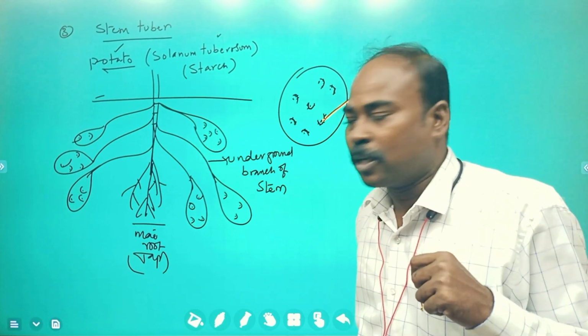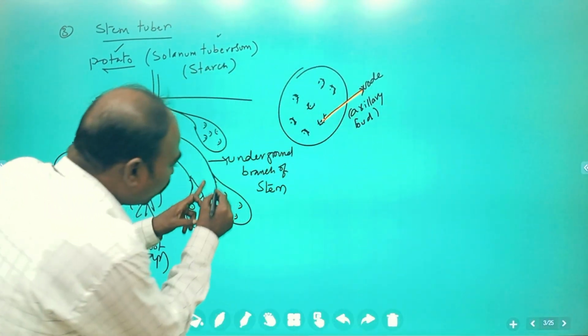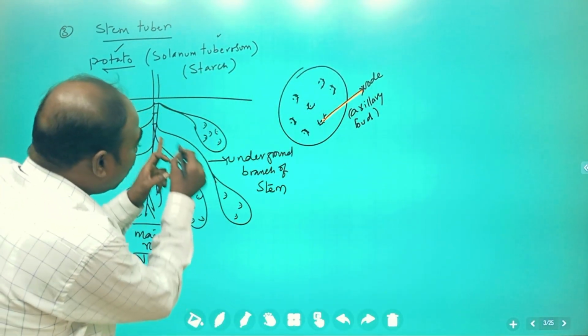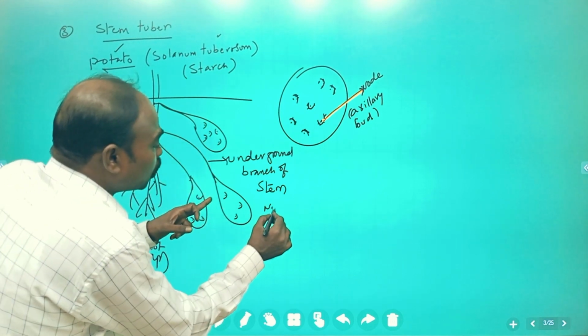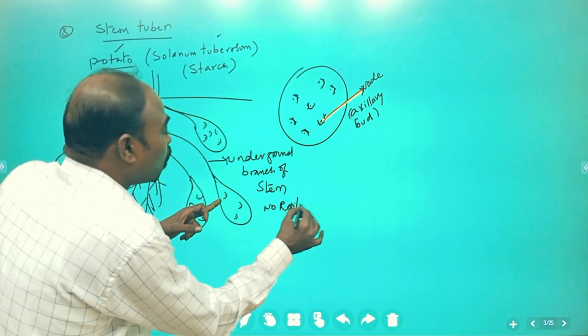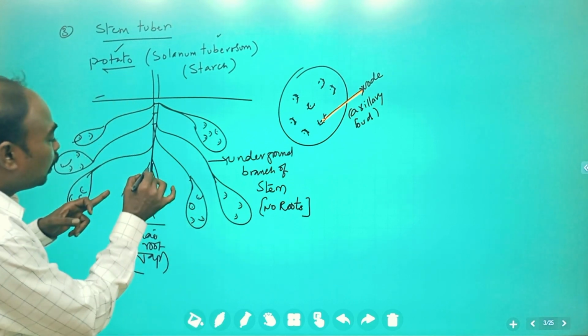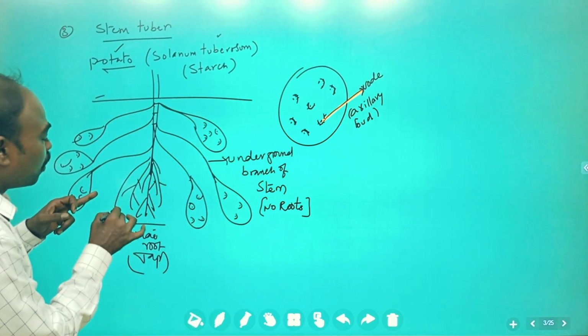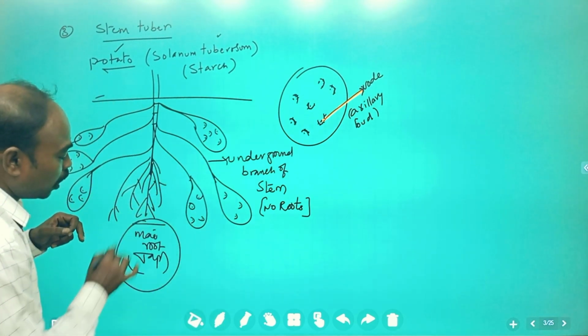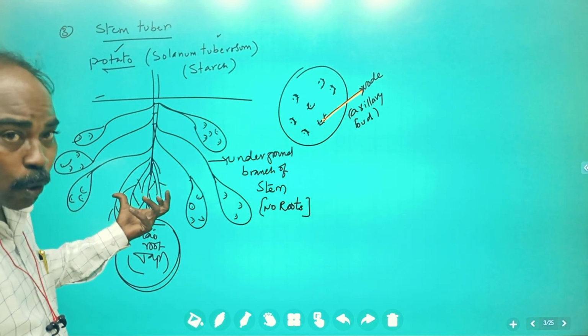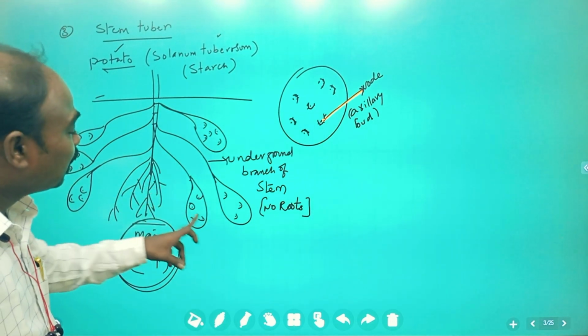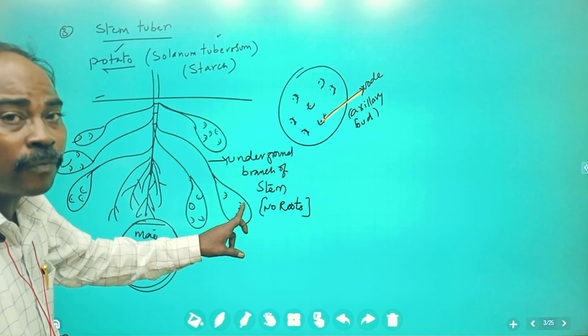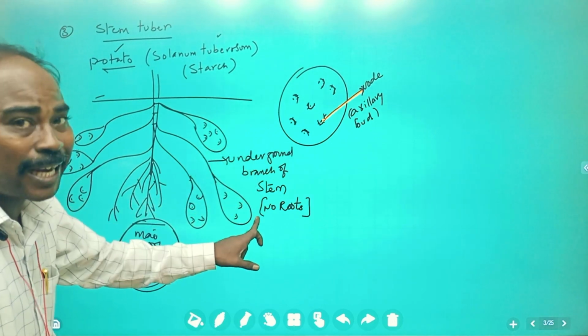Solanum tuberosum is the example. Here in the potato's underground branches there are no roots, no adventitious roots, because the main root is present in the form of a taproot. Because of the presence of the main root as a taproot in these plants, there is no need for production of adventitious roots in the stem branches.